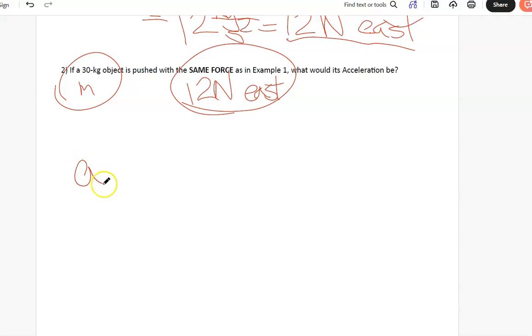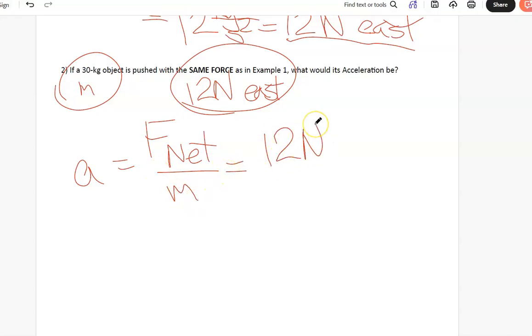Well, acceleration equals net force over mass. That's 12 newton force. We'll worry about the direction afterwards. Divided by the mass, which is 30 kilograms. We take out our calculators and we quickly divide 12 by 30 kilograms.